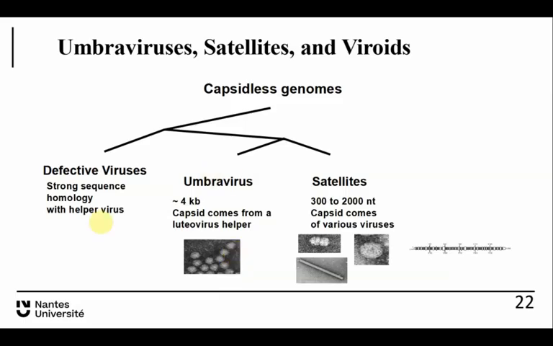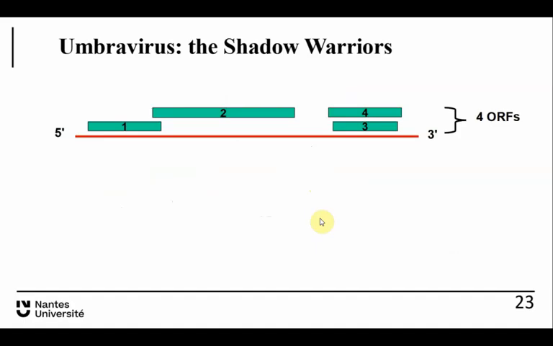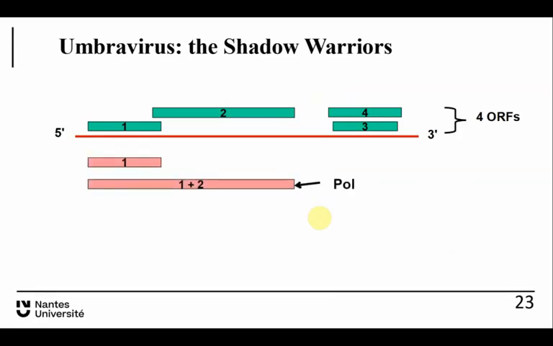The other things that seem to be dependent on helper viruses are umbraviruses and satellites, which I'll talk about briefly. Umbraviruses are almost independent. These are 4 kilobases of plus-strand RNA, coding for 4 open reading frames. These two code for the RNA polymerase of the virus, which is going to make the intermediate negative strand copy.